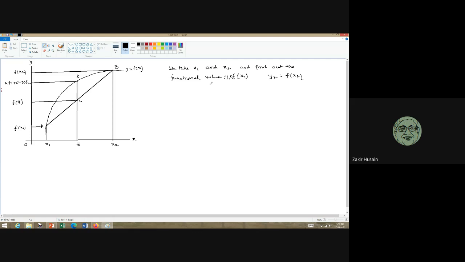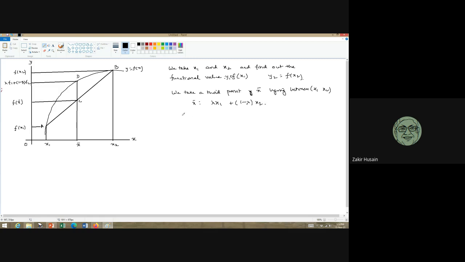Okay, so we take out the functional values. We take a third point, x bar, which lies between x1 and x2, and we define x bar as lambda x1 plus 1 minus lambda x2.